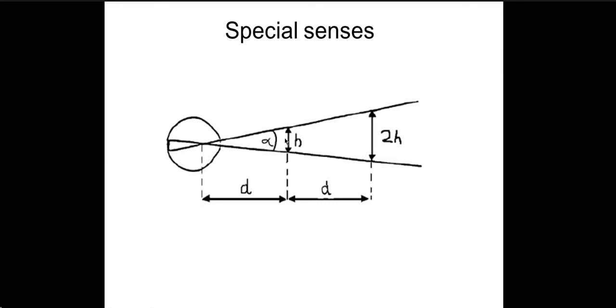That letter is making a 5-degree angle. And the letter from the 6 meter distance is also making a 5-degree angle. Am I clear? So one letter is small, another letter is big, but both letters are making 5-degree angles.